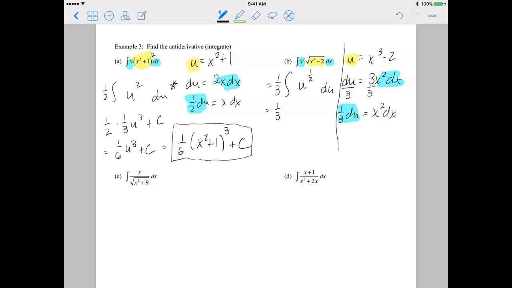So that's going to be 1/3 multiplied by 2/3 u to the 3/2 plus c. And then the final thing is to get the constant cleaned up and then resubstitute back in what u was equal to. So that's going to say 2/9 multiplied by x cubed minus 2 to the 3/2 plus c. And that will be our final answer for example B there.